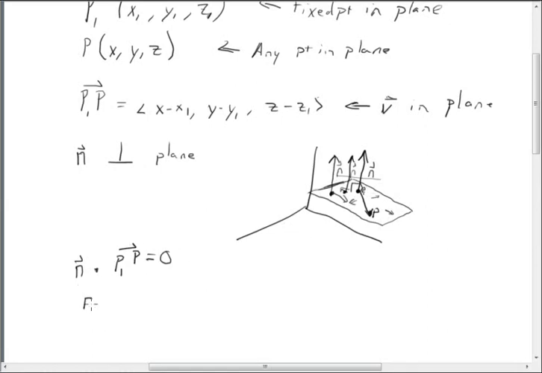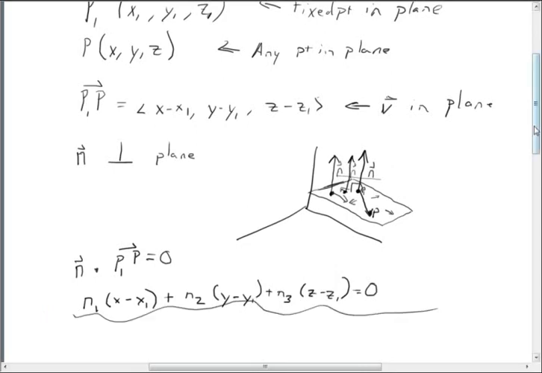So that boils down to n1 times (x minus x1) plus n2 times (y minus y1) plus n3 times (z minus z1) equals 0. This is writing out the dot product with n having components n1, n2, and n3. That is the general form of the equation of a plane.